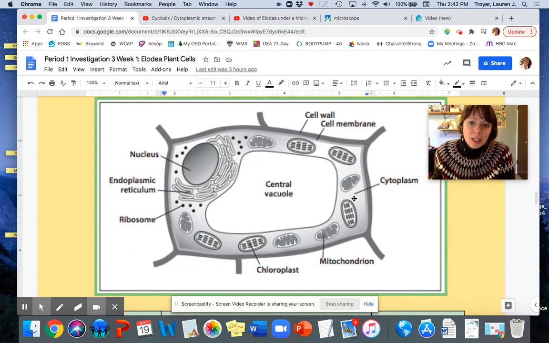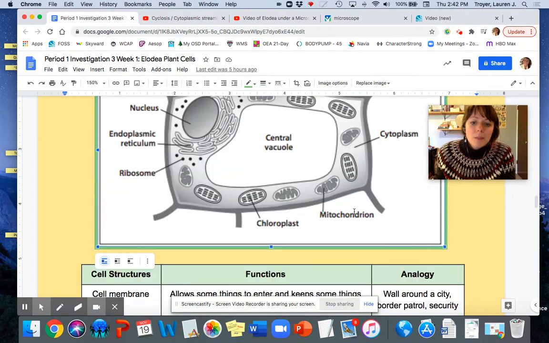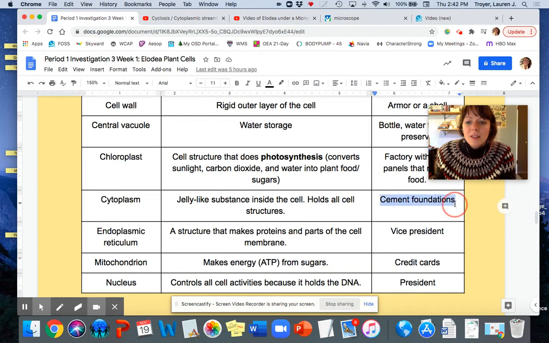Obviously, it looks just like space, but all cells have cytoplasm inside. Even if you're a bacteria cell or an animal cell or a fungal cell, you're going to have cytoplasm inside. And the analogy, we thought, since it holds everything, the cement foundations of a city. Or even some people said roads, which works too.